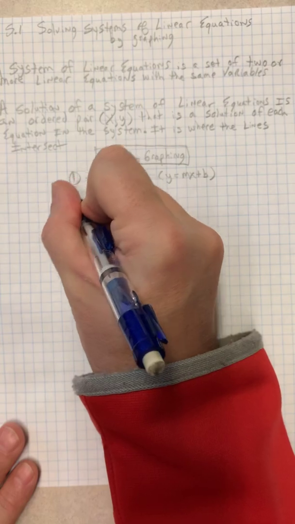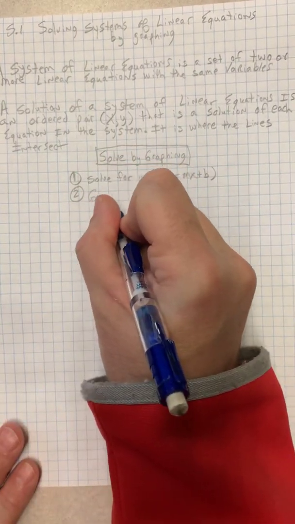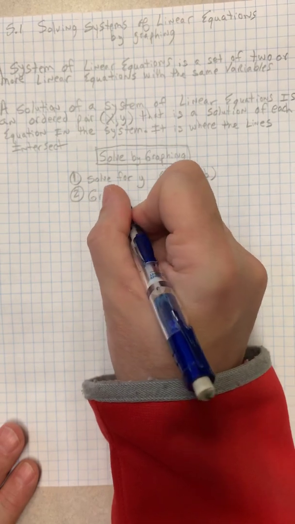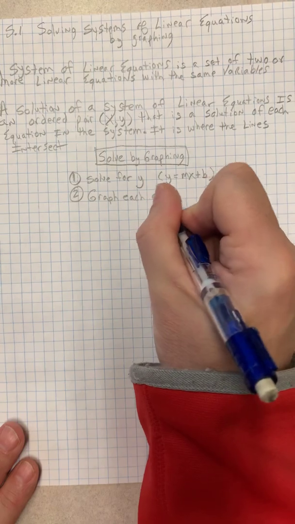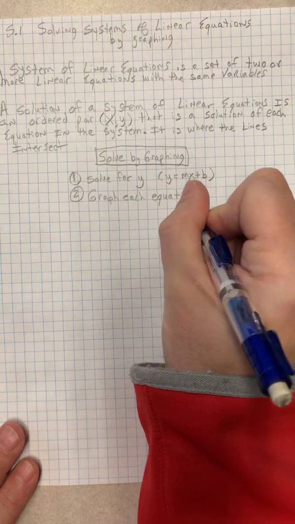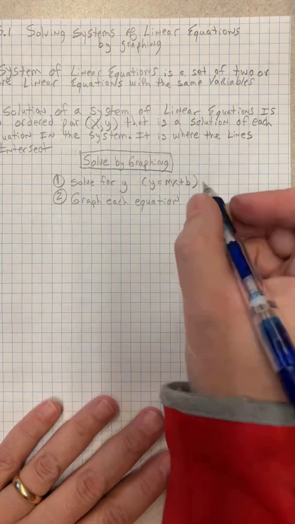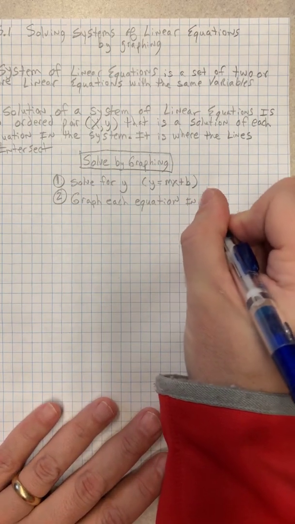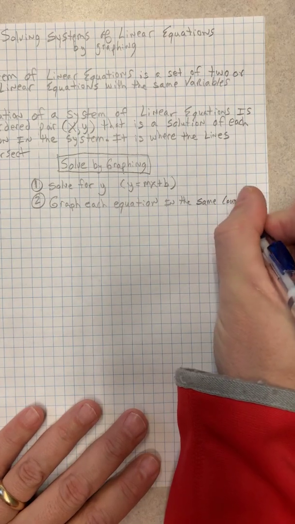Step 2: once we have y by itself, you need to graph each equation, and we're going to be dealing with systems with 2 equations. Graph each equation in the same coordinate plane.